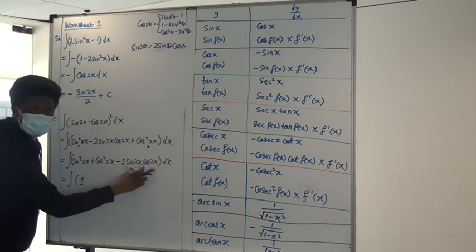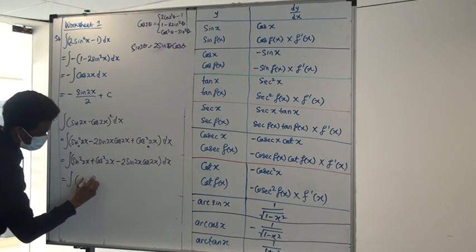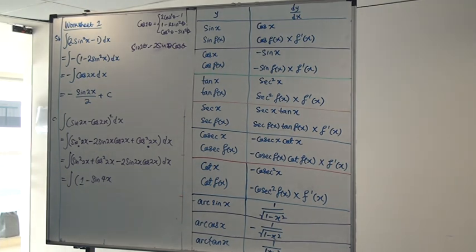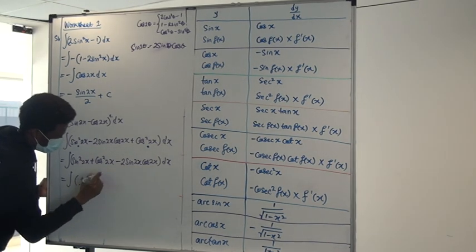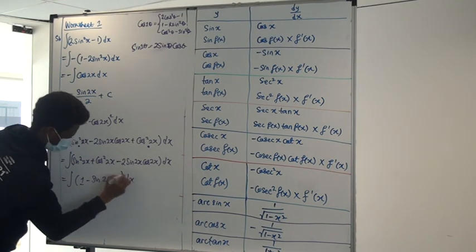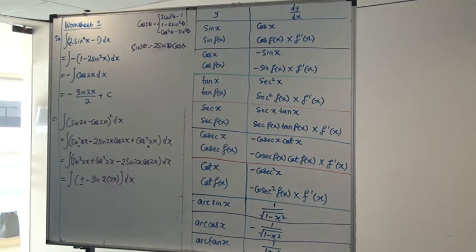So in that case, what would this be? Sine 4x. Can you see that? Because now your theta is 2x. So that's why this is sine 4x.